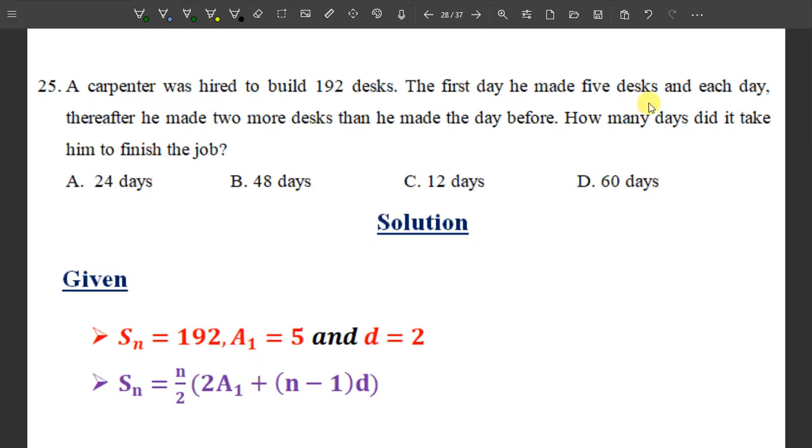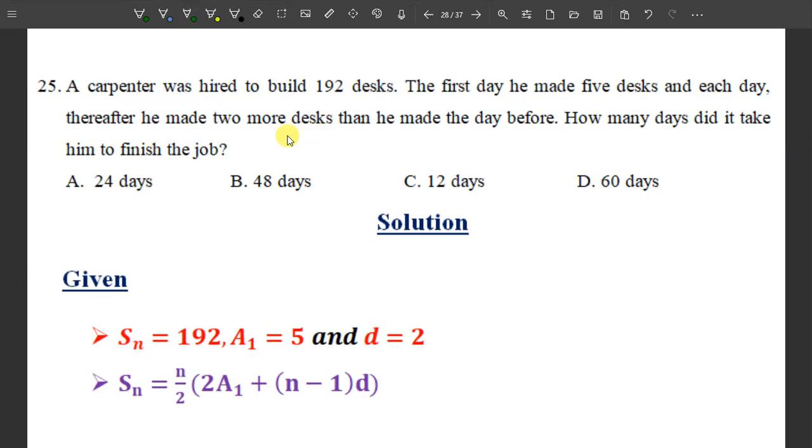Since each consecutive day, he adds 2 more desks to the number he made the day before. The first day he made 5 desks, the next day he made 7 desks, and the third day he made 9 desks, and so on.